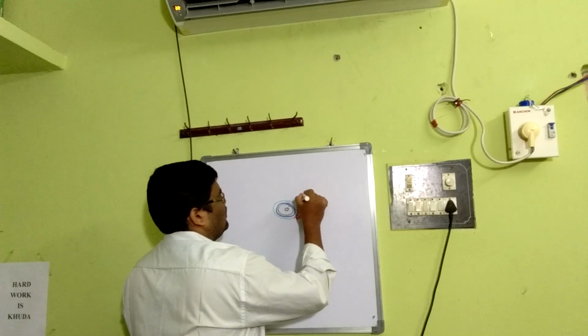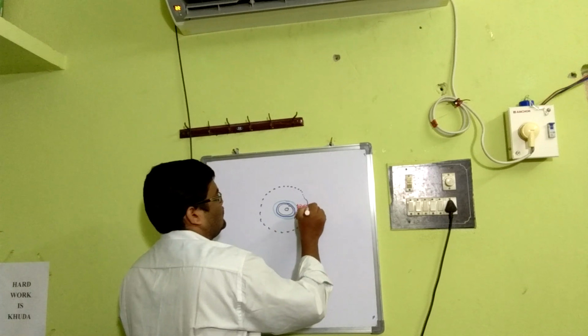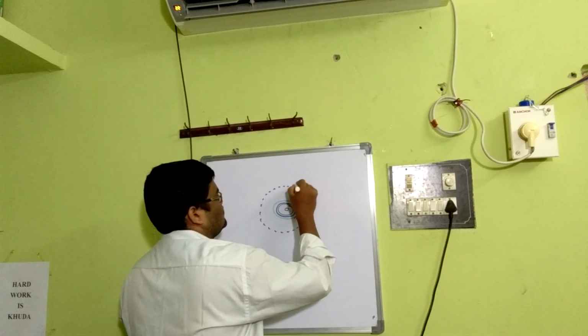Then, as we have discussed already, an antrum layer will develop. These are granulosa cells in multiple layers, like this.